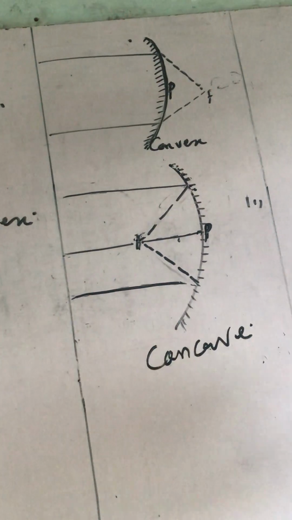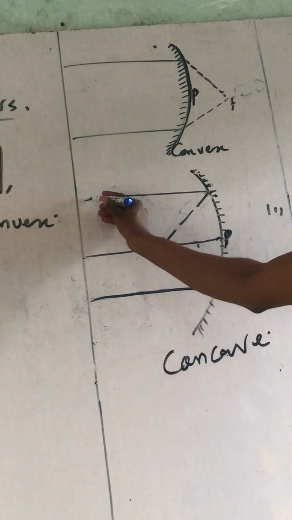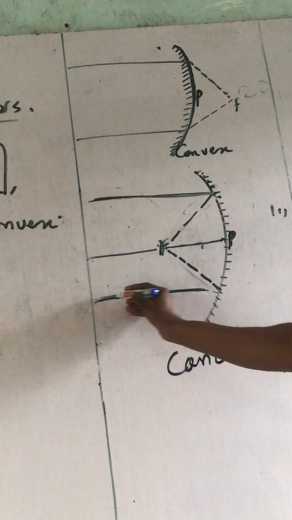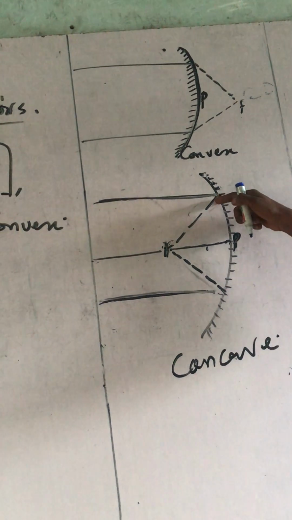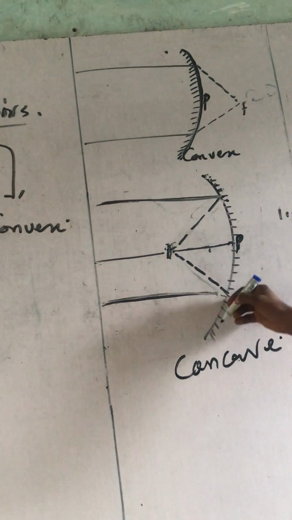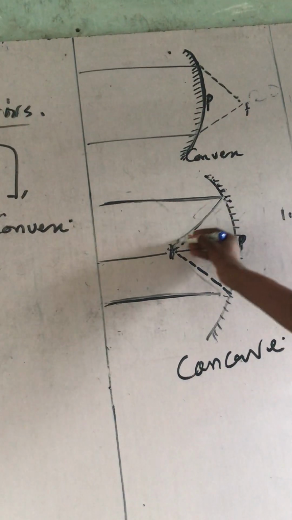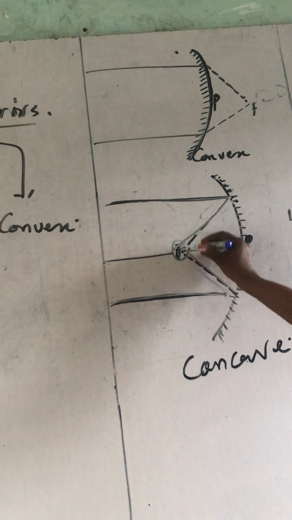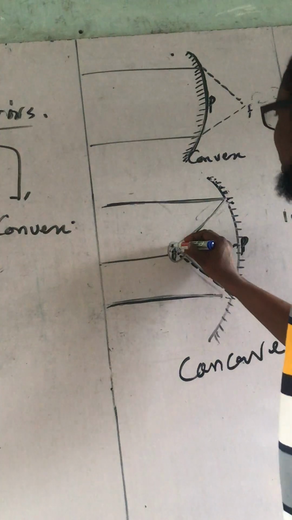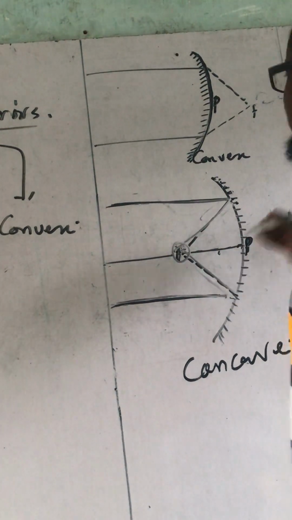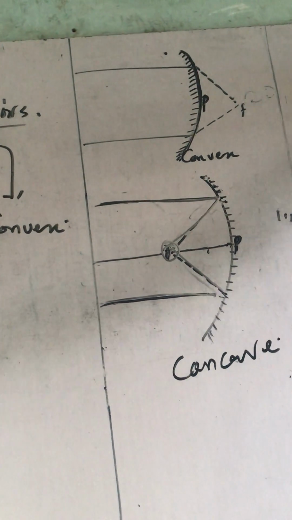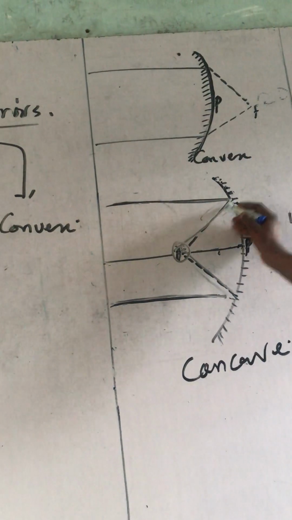Now here too, let's look. You can see these are parallel rays. So when they hit the mirror, then they reflect and meet at this point. So this point where the reflection of them, after the reflection means sending them back. So the ray is coming like that and was sent back.